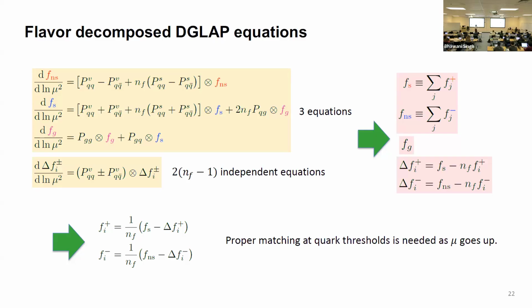And then converting back to our original flavor, Fi plus or Fi minus, we can easily obtain this by reverting these equations. And by this, we start being able to solve the DGLAP equation.